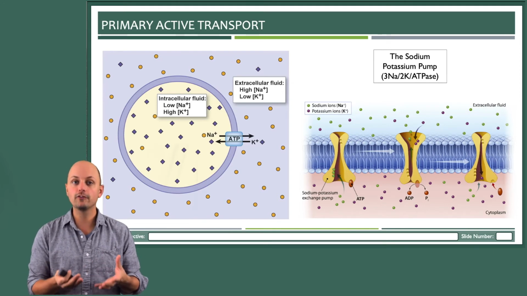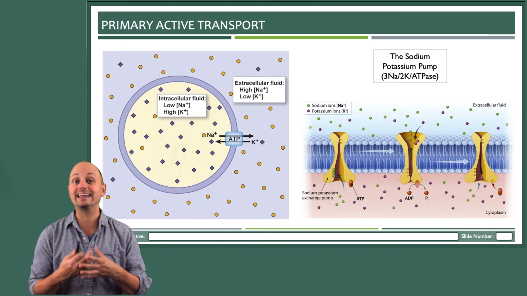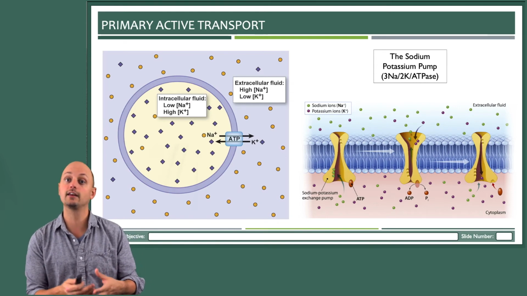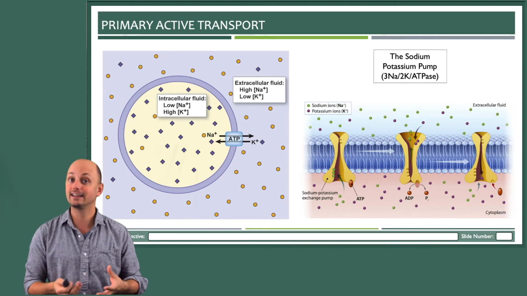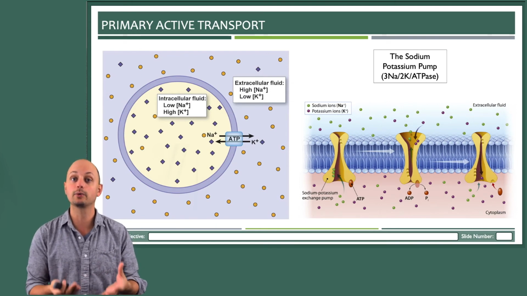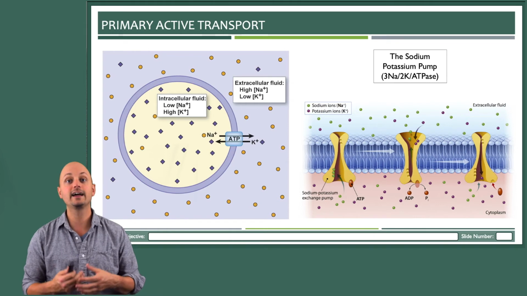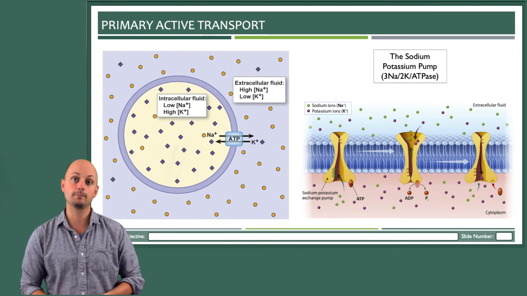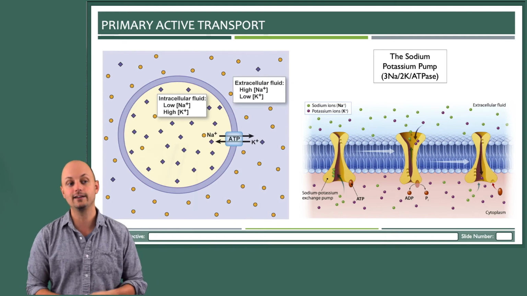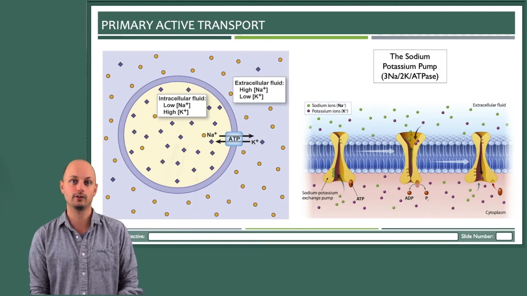But because both of the molecules are also moving against their concentration gradients, it requires energy to work. So the sodium-potassium pump actually contains an enzymatic domain that breaks down ATP, and that gives it the energy it needs in order to drive that transport. So it could also be classified as a primary active transporter.